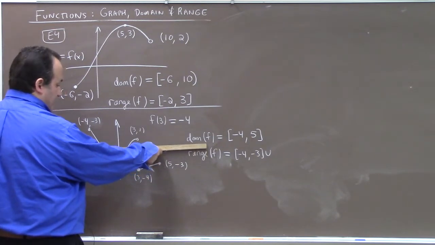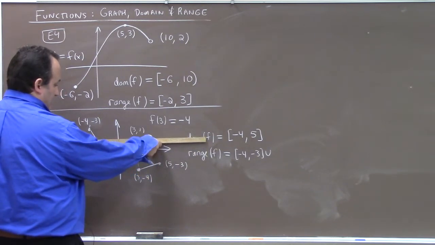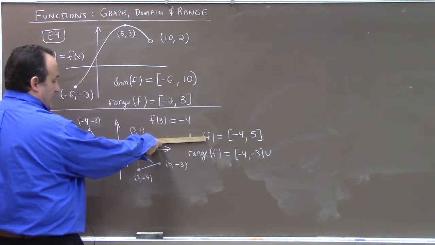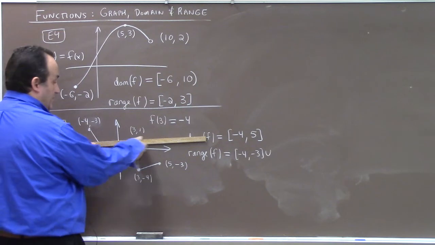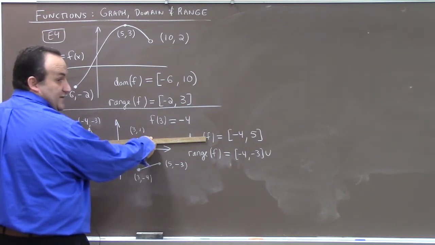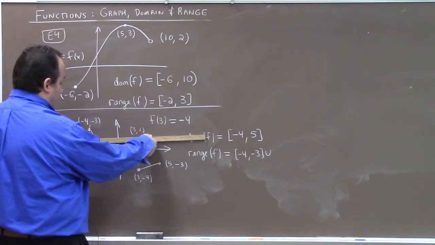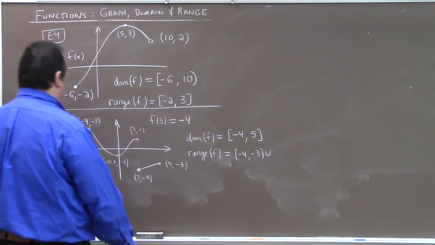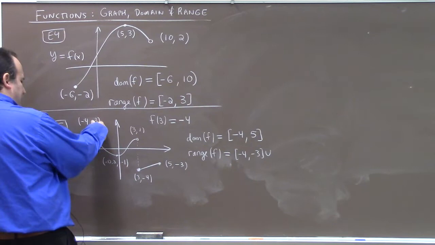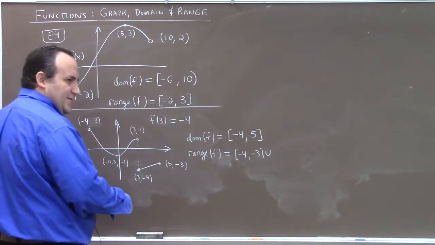And that 1 is fine though, because even though that 1 is not included there, it's included over here. And that's all we need, is 1 point on the graph with that y for it to be in the range. You keep going up, all the way up to plus 3. Sorry about that.